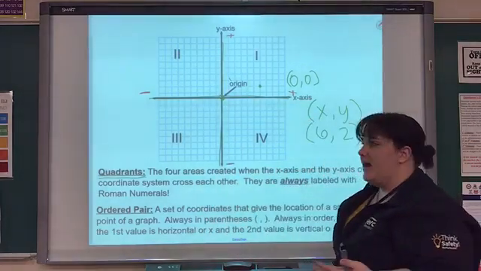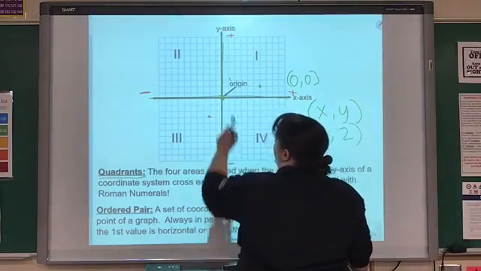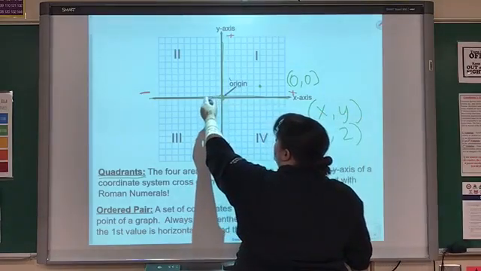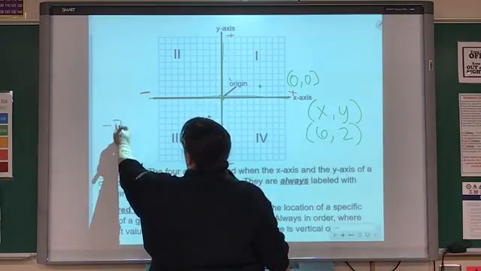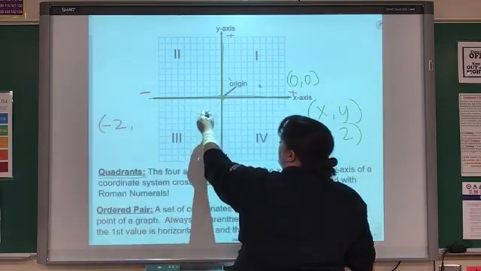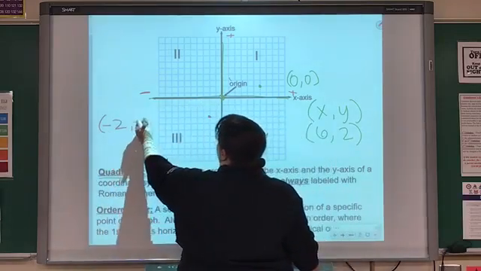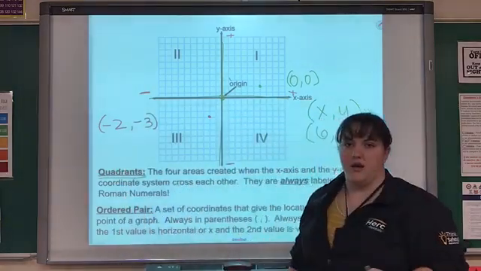So, if I had a coordinate point that was right here, I would go left 2, which would be a negative 2 for my x value. And then I went down 3, which would be a negative 3 for my y value, and that's how I would label that.